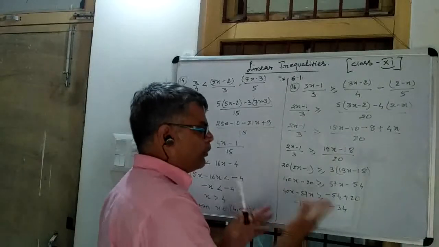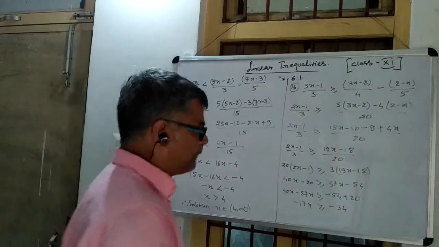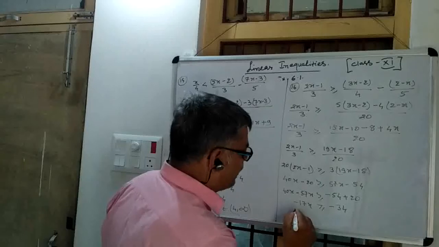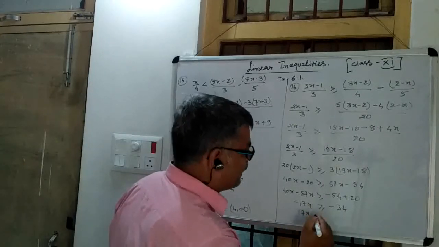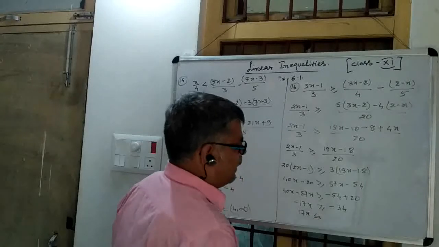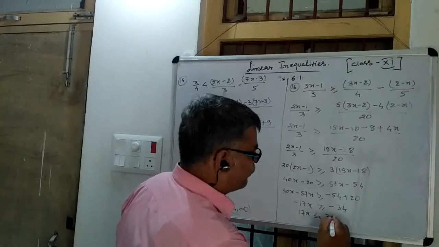Now both sides have a negative sign, so multiply by minus 1 to eliminate the negative sign, so it becomes 17x, and the inequality gets reversed, less than or equal to 34.